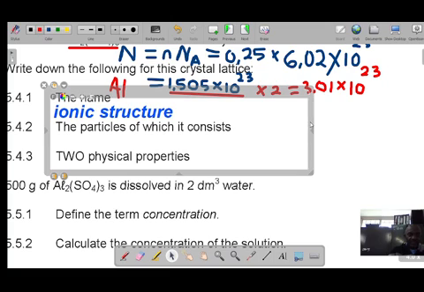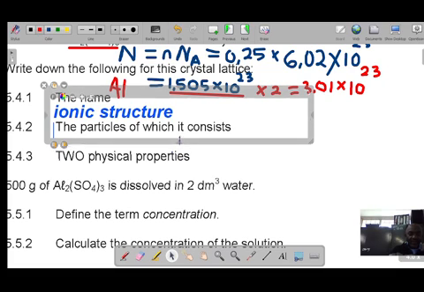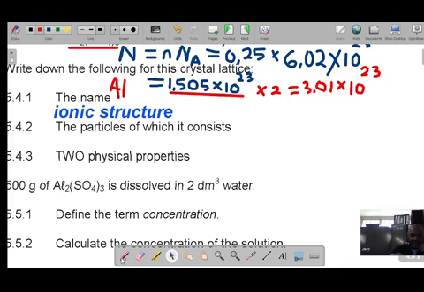Here we have the aluminium ions, Al 3 plus, and then the sulfate ions, SO4 2 minus.